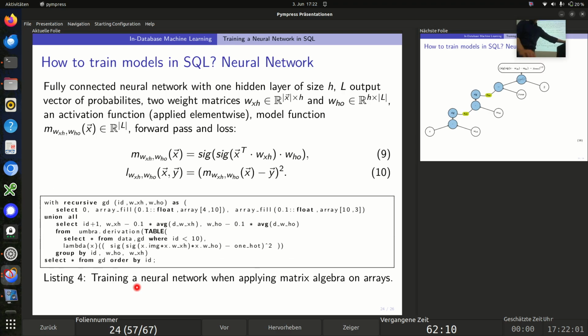I have my function here, my original input data, a weight matrix, and afterwards my model applied, and that's my model. At the end I subtract my one-hot encoded labels from the model to calculate the loss. You remember the recursive statement in the beginning for gradient descent; it is basically the same but for arrays. And here you can see automatic differentiation on arrays.